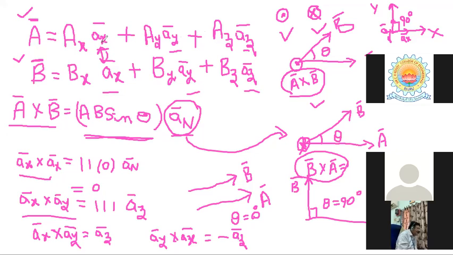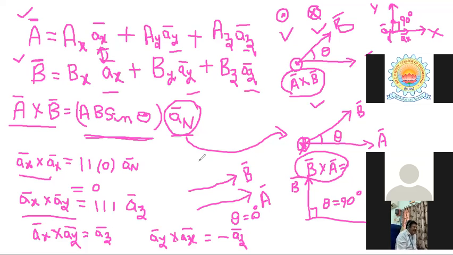Then the cross product between ax bar and ay bar is equal to az. The cross product between az bar and ax bar, you will get as ay bar, but ax bar cross az bar, you will get as minus ay bar.